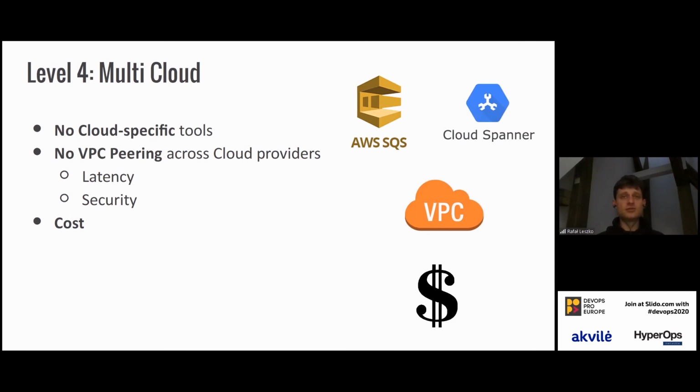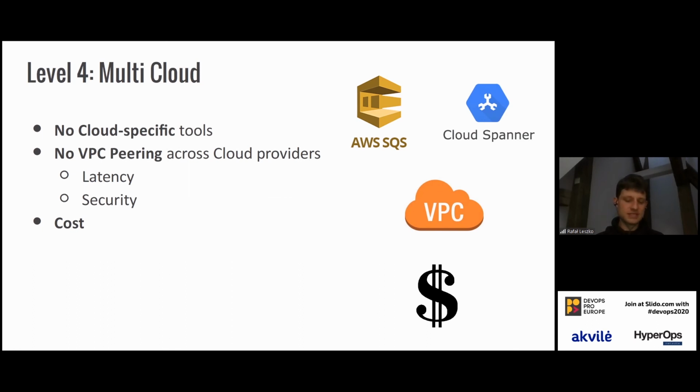You cannot just use Spanner and say, okay, spin up across multiple regions, because then you are not cloud agnostic. Also, you cannot use VPC peering across different cloud providers, which will slow down your latency and make your security more difficult. And obviously, it will really increase the cost of your infrastructure, because you have to pay not only AWS but also GCP.